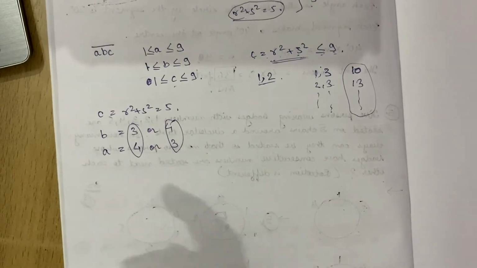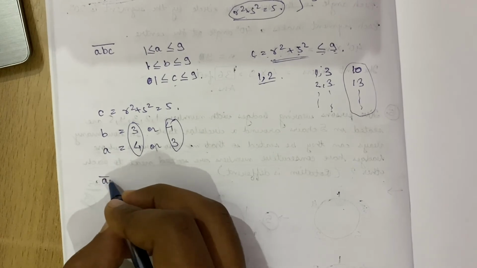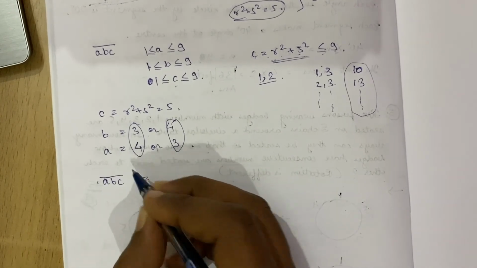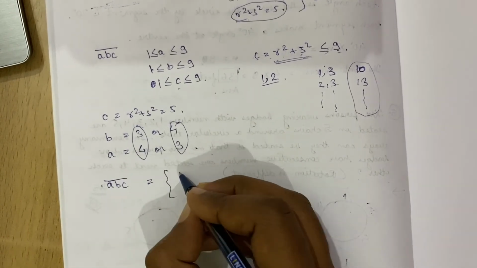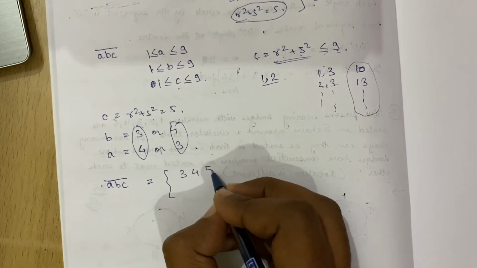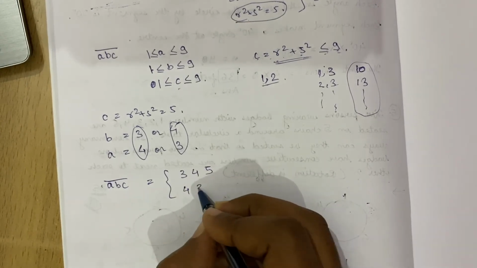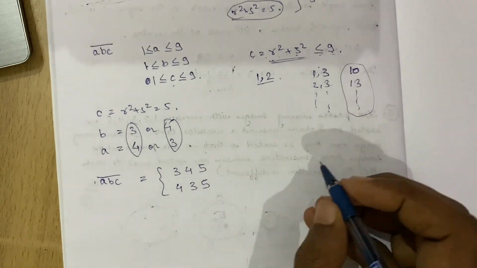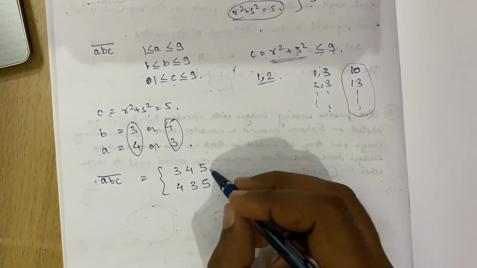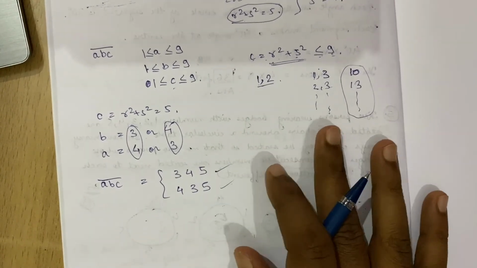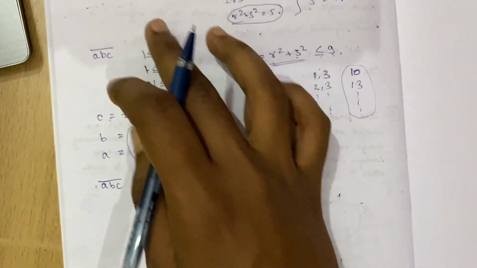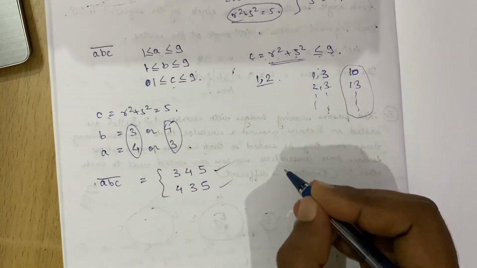So our final number a, b, c could either be equal to 345 or equal to 435. Now let's calculate the prime factorization of these two numbers. To find the largest prime factor, we need to find the largest prime factor of a, b, c.